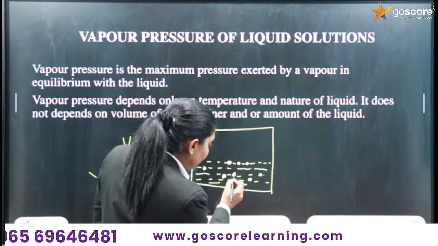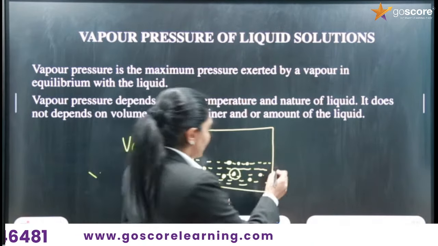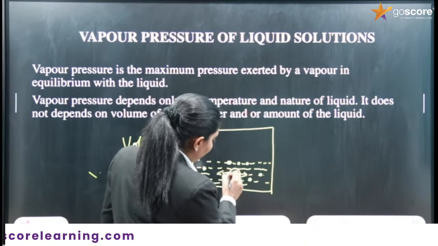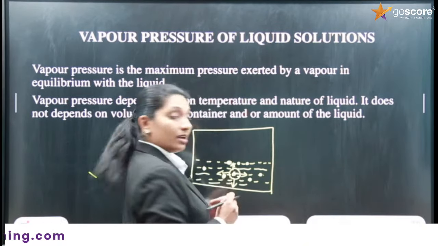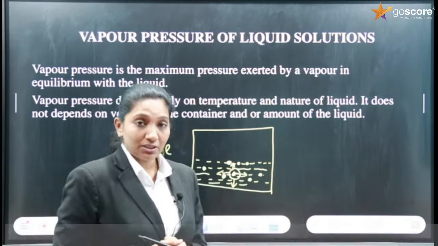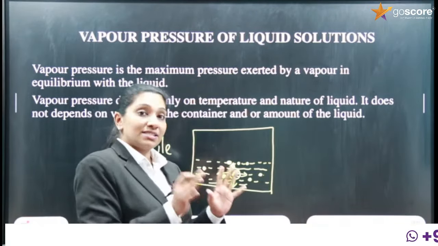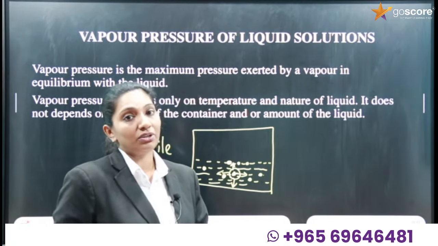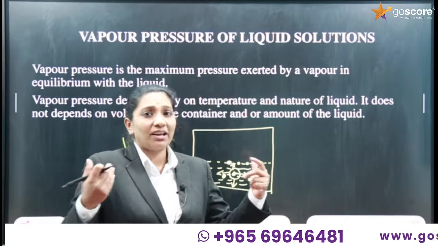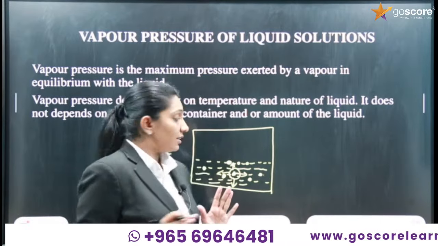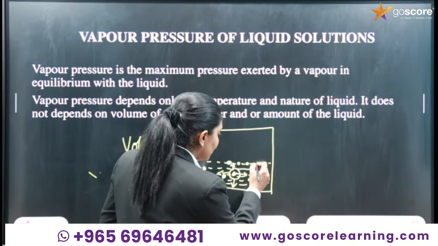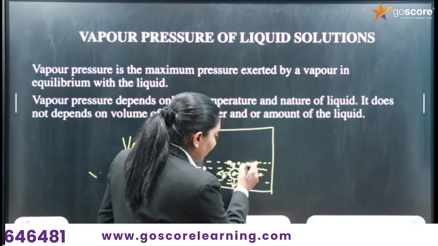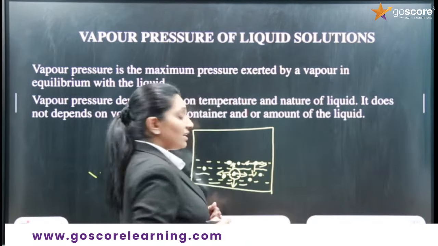When you consider a particle in the bulk of the liquid, this particle will experience a force of attraction from all sides, from every side. So it will be more stable. The particles in the bulk of the liquid will be stable because they experience force from all sides. But at the same time, consider the particle on the surface. This particle will experience force from only some sides.